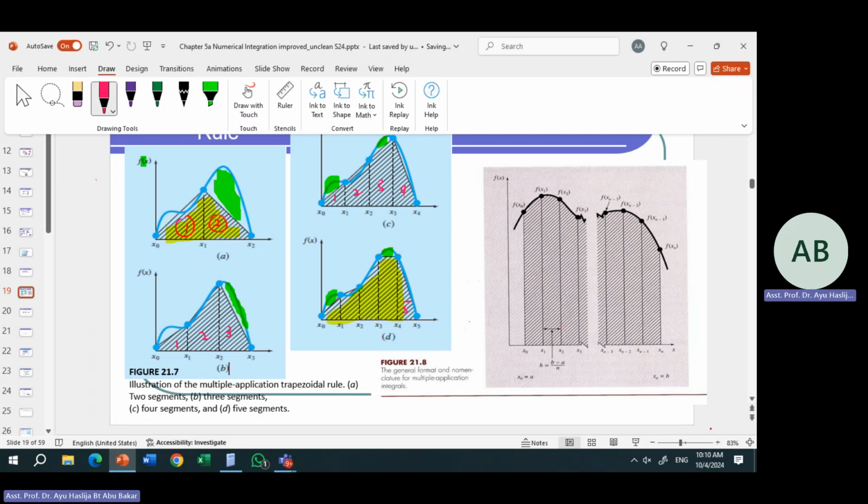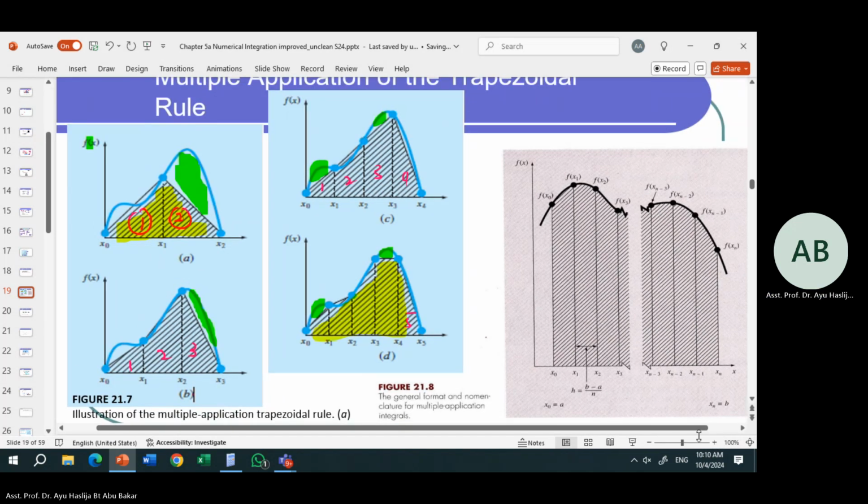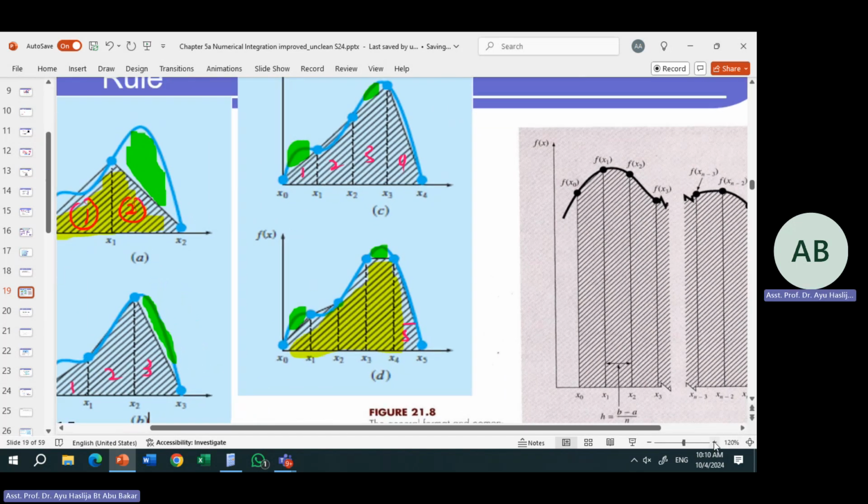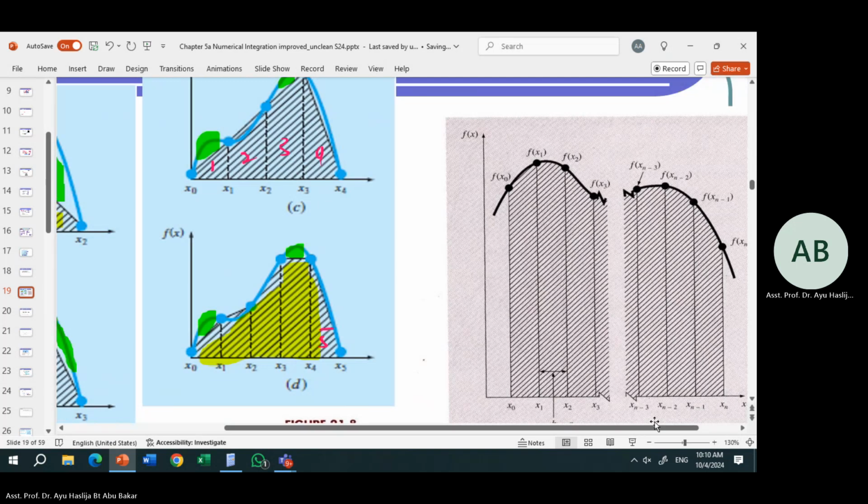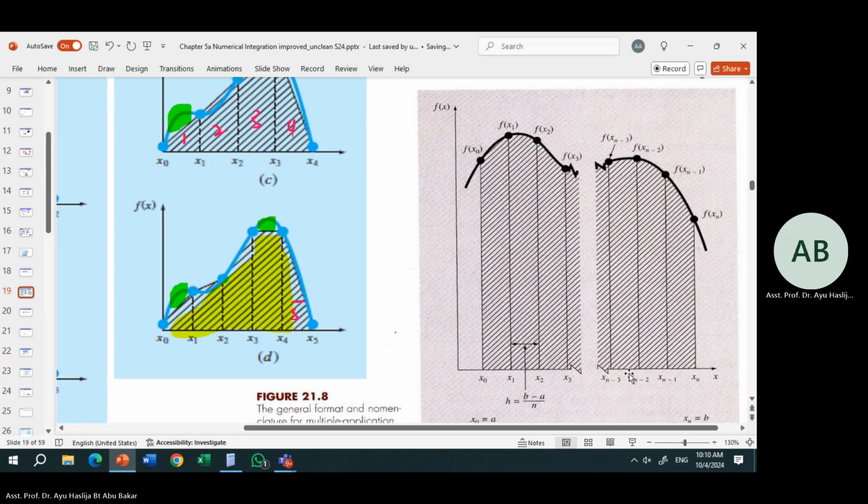Okay. Now, if multiple, you can see over here. This is A, B. A is your lower range, B is your highest range, the upper range.